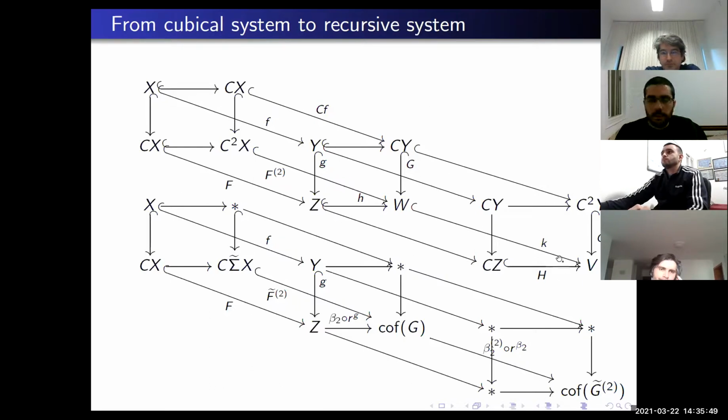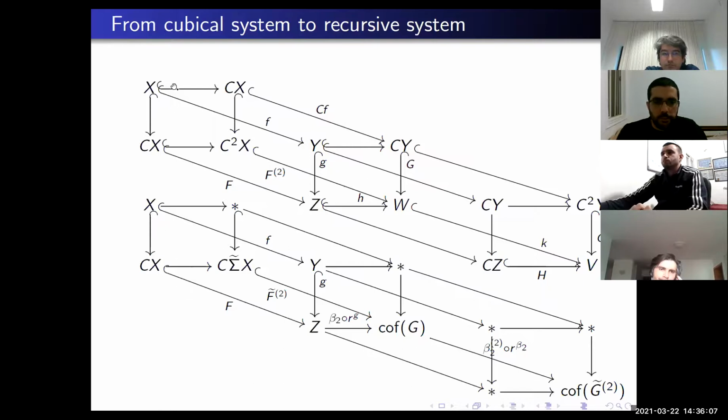Okay, it's hard to see why we do this specifically and not something else. But now we can get an equivalence between the Toda brackets, because the Toda bracket of this by applying the homotopy cofiber, and the Toda bracket of this by applying the cofiber.